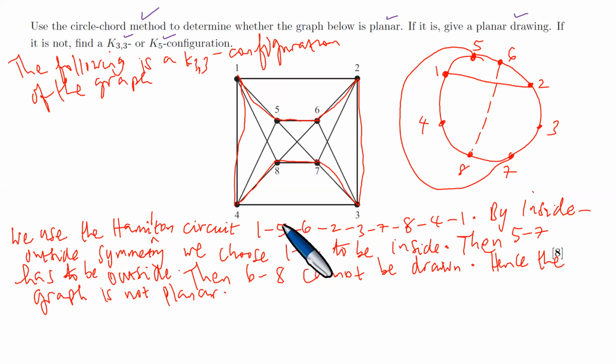Okay, we continue. So we draw this. One, two, three. Then we have one, two, three. Then do this.